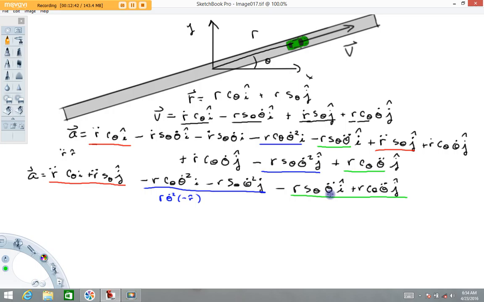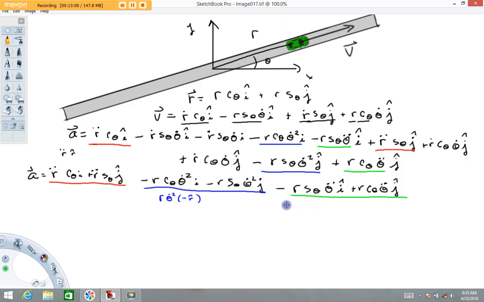r theta double dot is the tangential acceleration you would get if the rate of rotation here is changing. And the minus r sine theta i plus r cosine theta j is giving what we called before the theta hat direction.